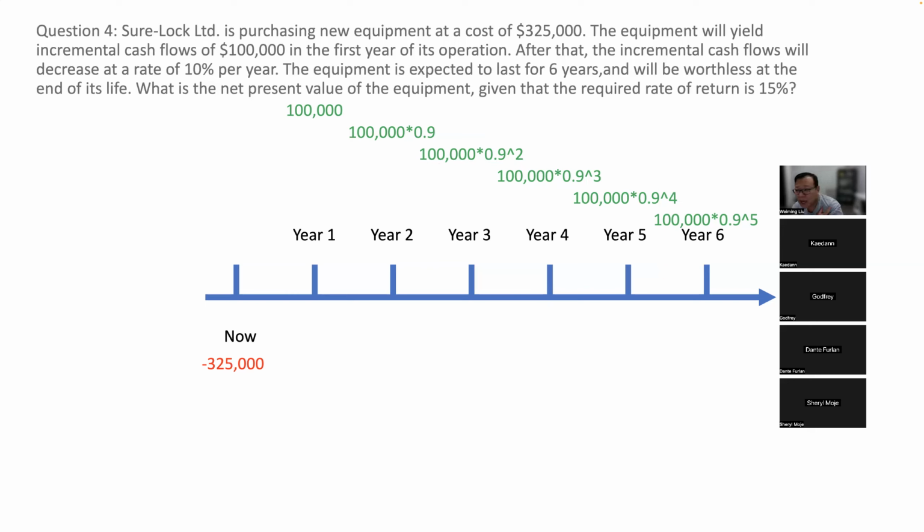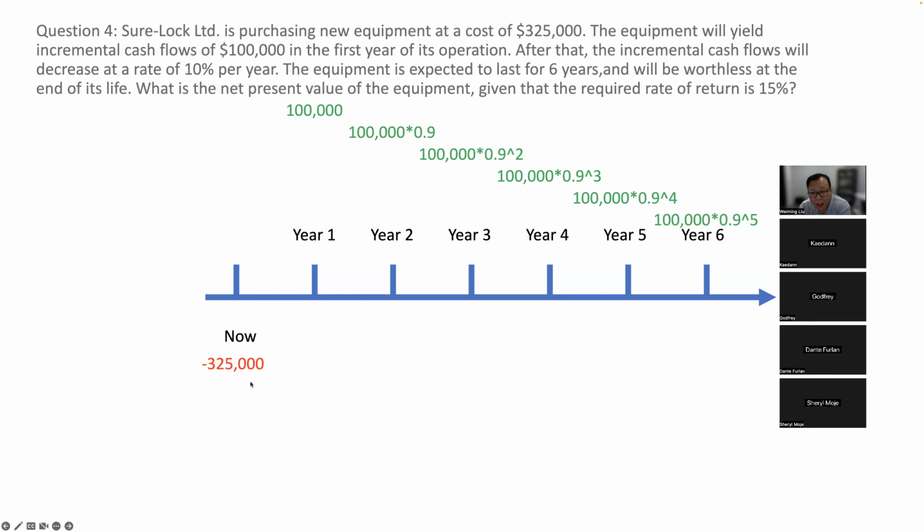And they ask you to calculate net present value. So basically, you want to figure out the present value of the green colored cash flows. Once you figure out the green present value, you subtract 325,000. That is your net present value.